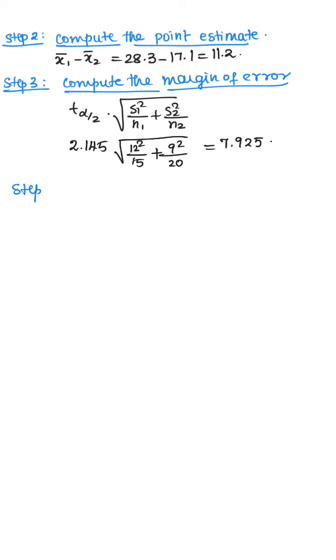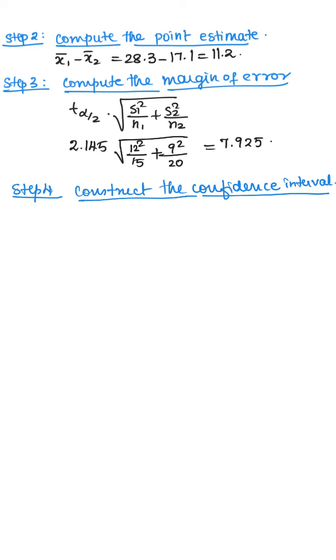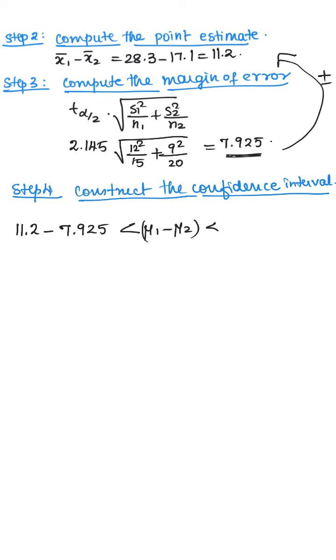Now construct the confidence interval. So the 95% confidence interval for mu1 minus mu2, the difference of means, is between the point estimate minus the margin of error and the point estimate plus the margin of error. Add or subtract, that will be the easier way to say it, right? So 11.2 minus 7.925, or add this.